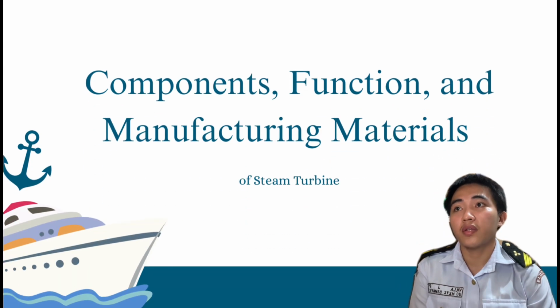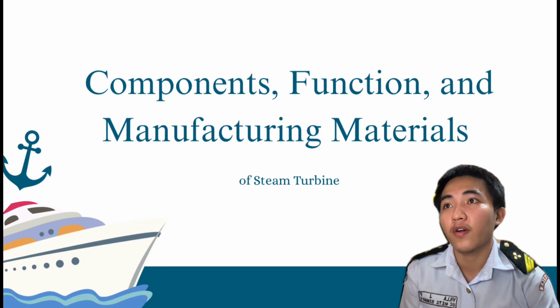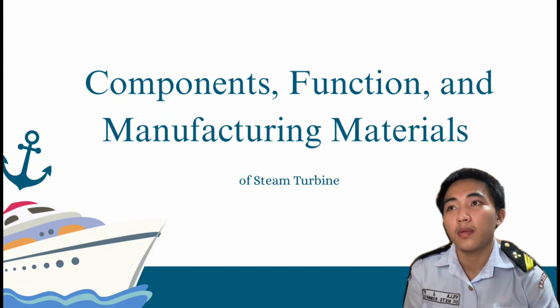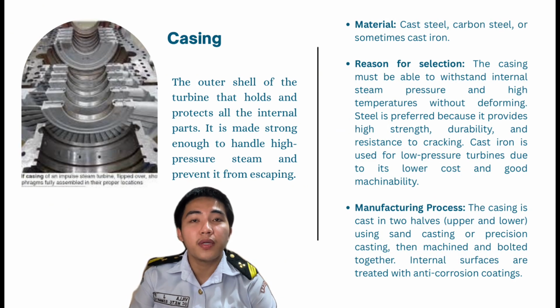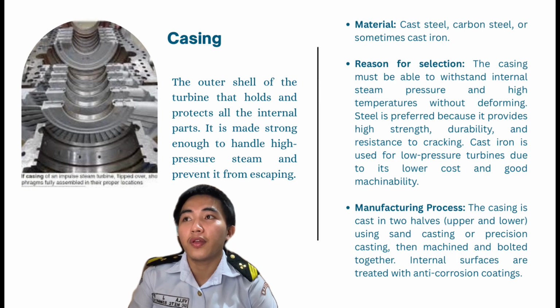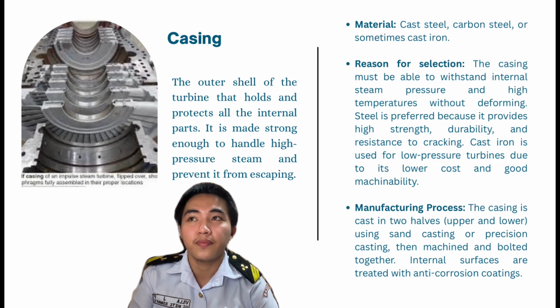These are the components and their function and manufacturing materials of a steam turbine. Number 1, we have the casing. The outer shell of the turbine that holds and protects all the internal parts. It is made strong enough to handle high pressure steam and prevent it from escaping. Material we use: cast steel or carbon steel, or sometimes cast iron.